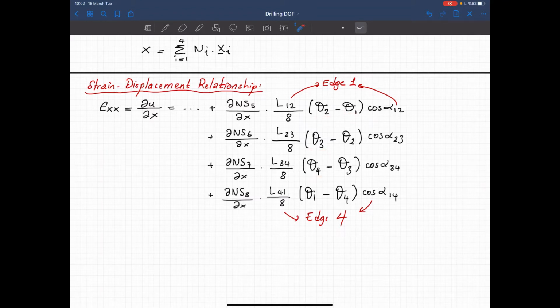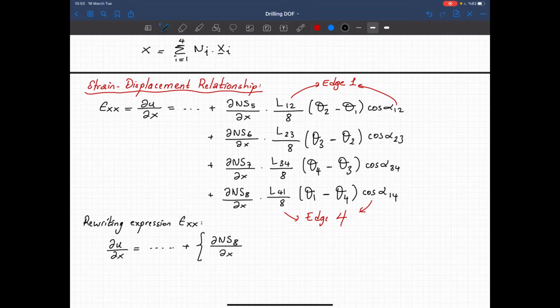Rewriting the expression for epsilon xx, I have the following. del u over del x is equal to, again we have the linear terms, plus, in front of theta 1 I have this coefficient, so let's write it first, del Ns 8 over del x multiplied by, instead of 4 1 I'll just write the name of the edge, L4 divided by 8 multiplied by cosine alpha 4.